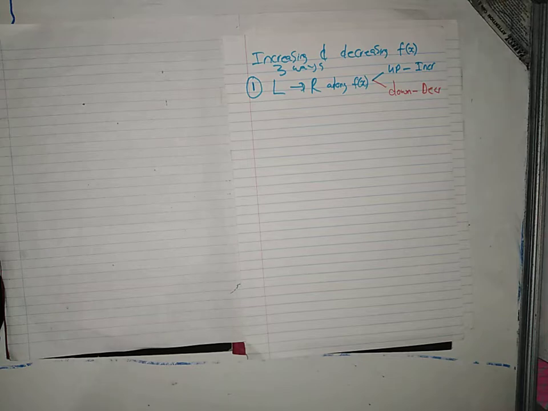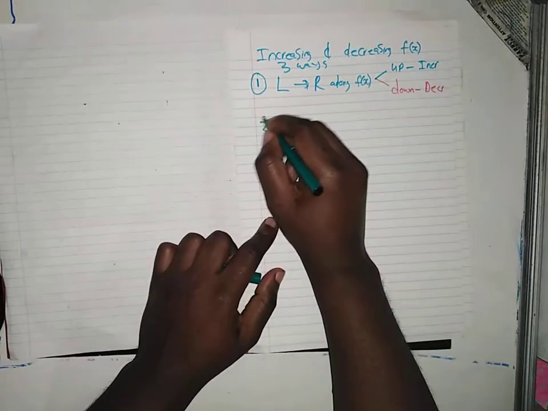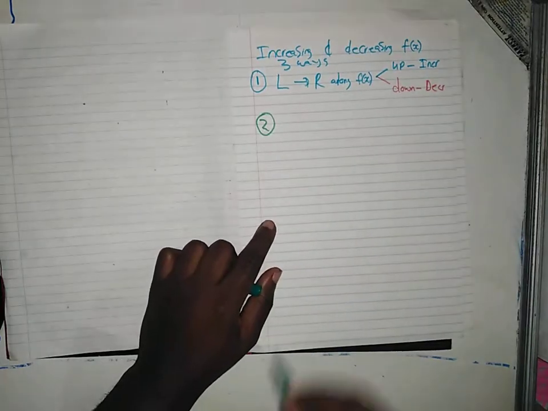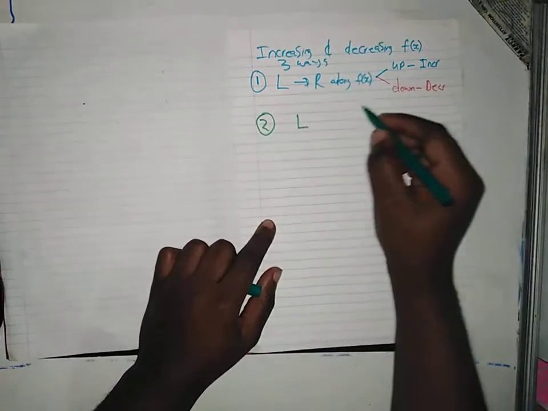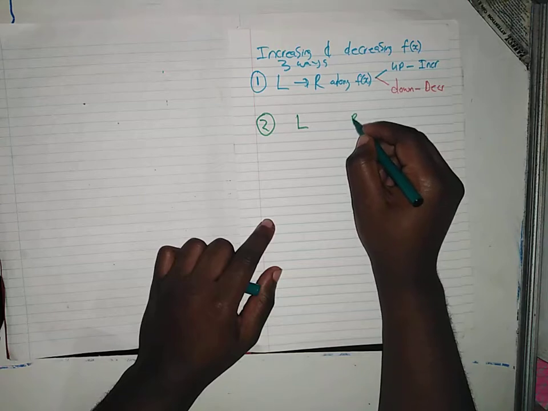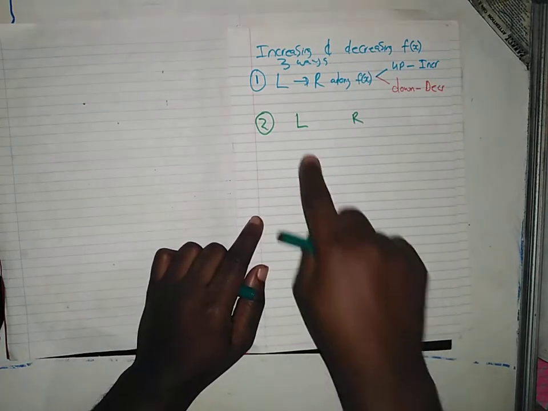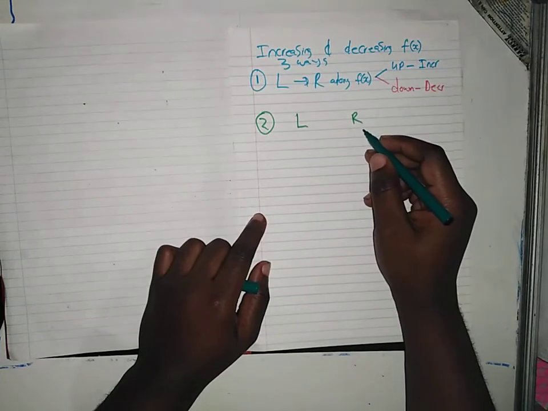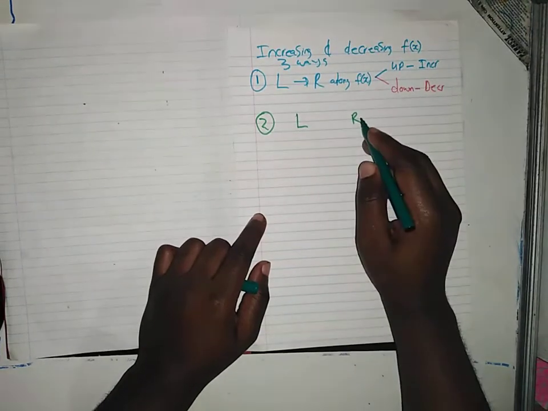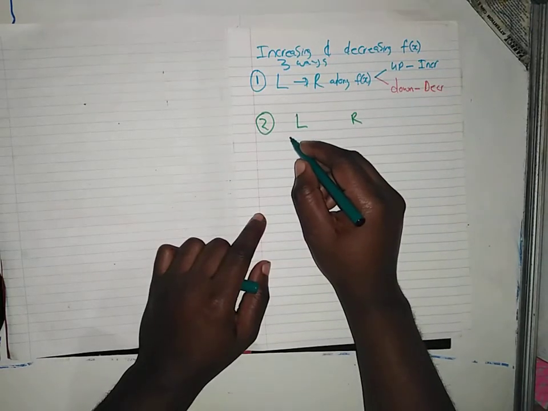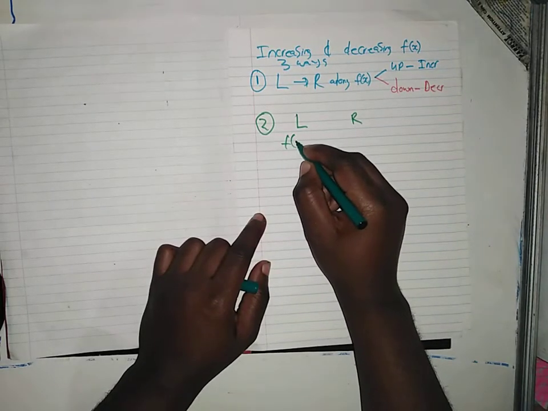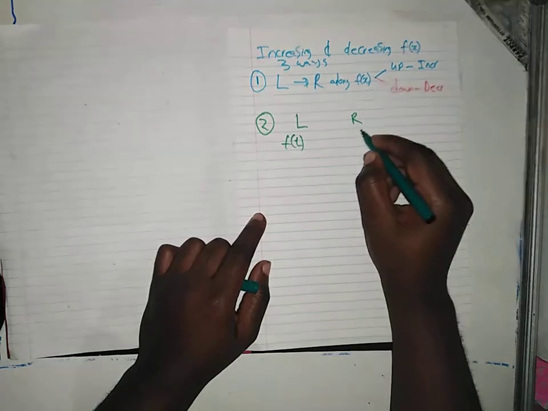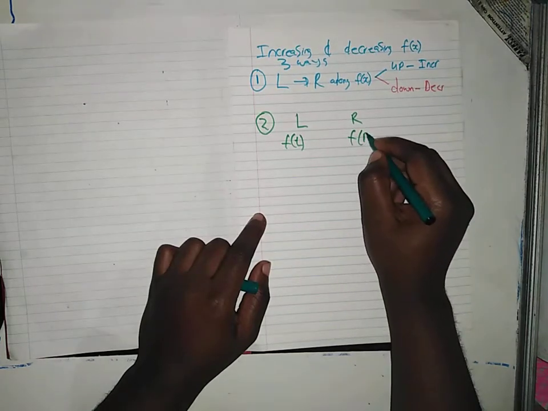Now, what is the second method? The second method is a very simple one again. You pick any number from the left and any number from the right, so one on the left and one on the right. Then you find f at the number on the left, and f at the number on the right.